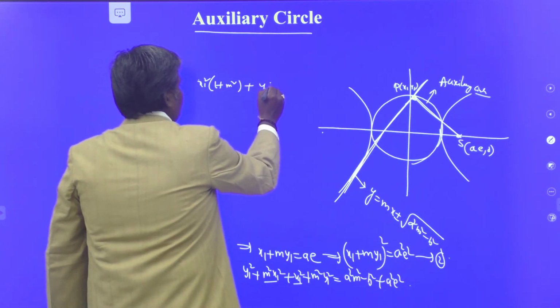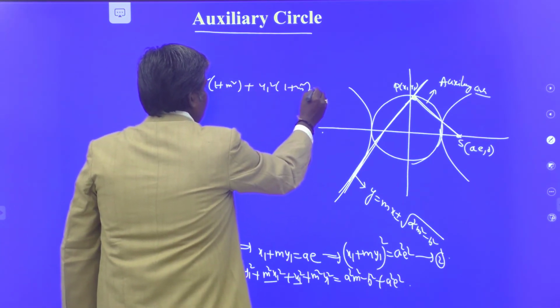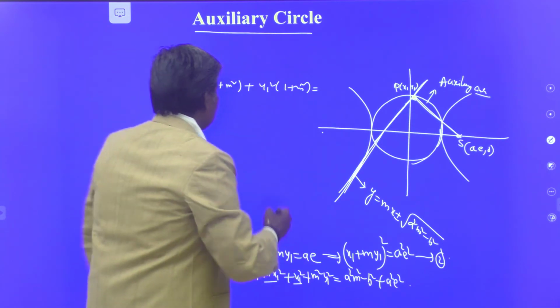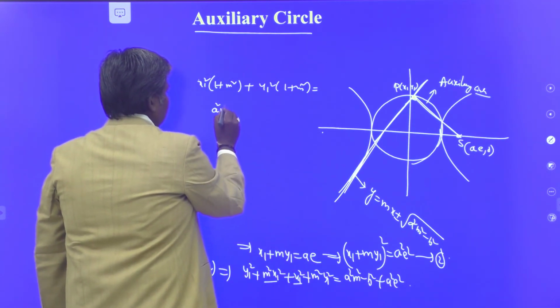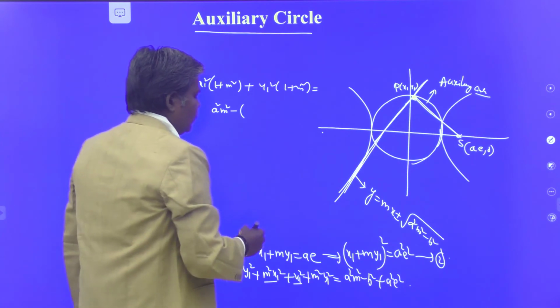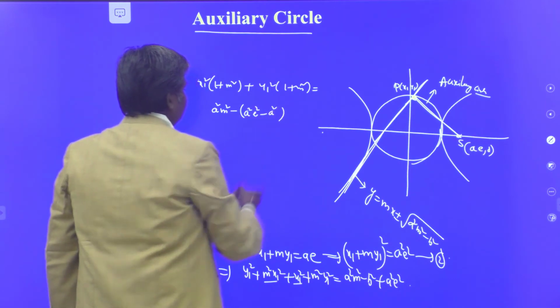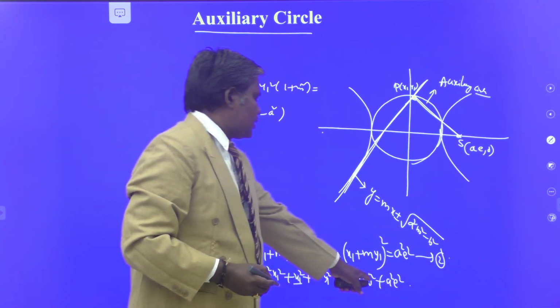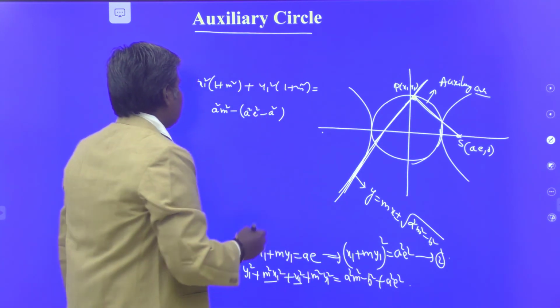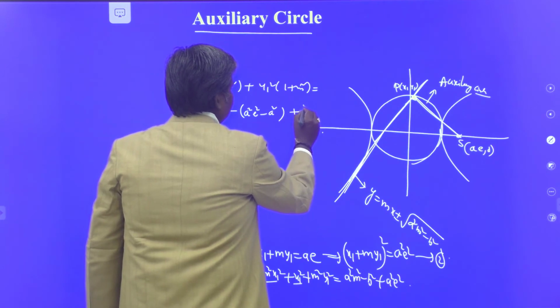Similarly, plus y1 square into 1 plus m square is equal to a square m square minus b square. This is the b square value, a square e square minus a square, plus a square is there.